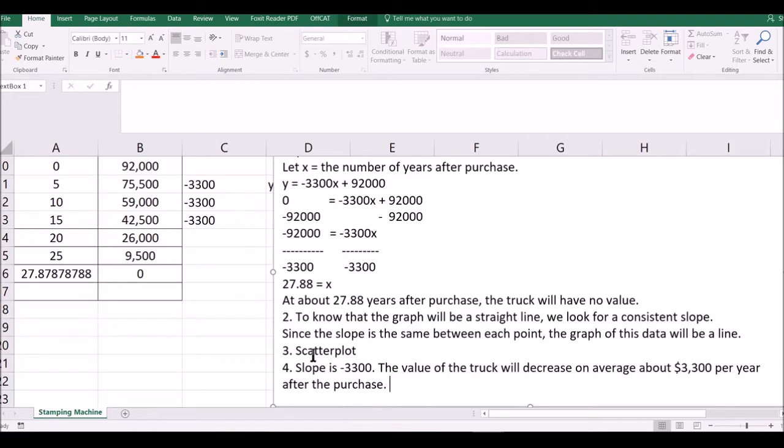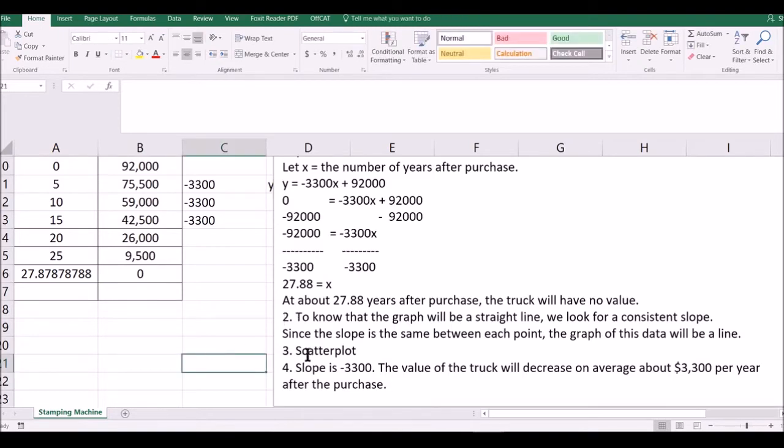And of course, you always want to word it in a fashion like this because, you know, life is messy. Well, if that truck gets into an accident, the value is going to go down a little faster. So that's why I worded it like this. The value of the truck will decrease on average about $3,300 per year after the purchase.